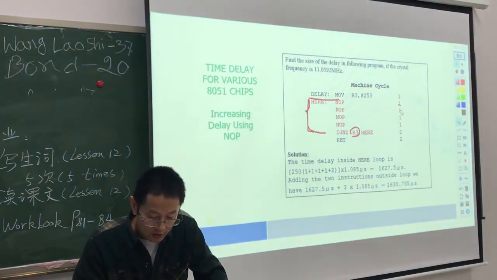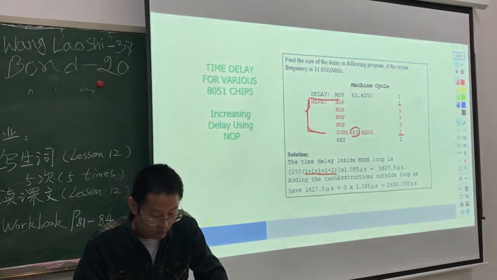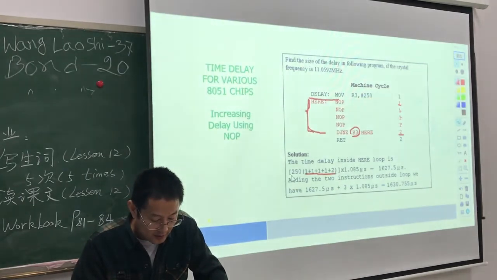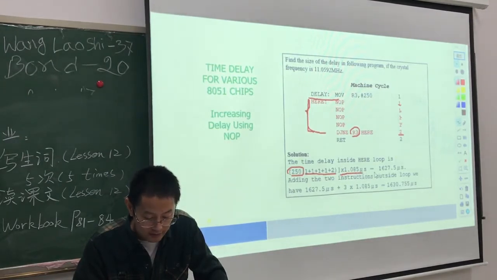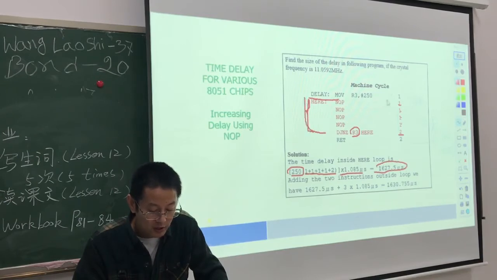Here is 1, 1, 1, 1, 1, 1, 2, 3, 4, add 2. So that is the machine cycles of the loop. Multiply by 250 and multiply by the machine cycle, so we can get the delay time for the loop. But before the loop, we have executed other instructions.